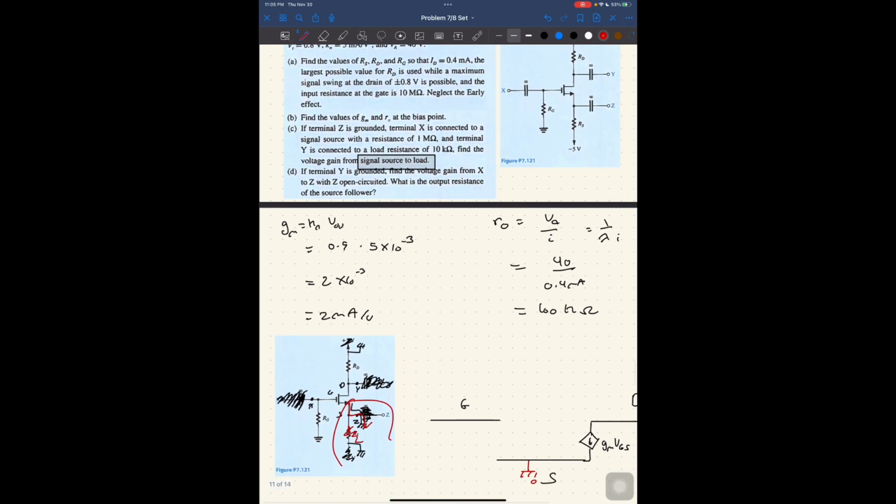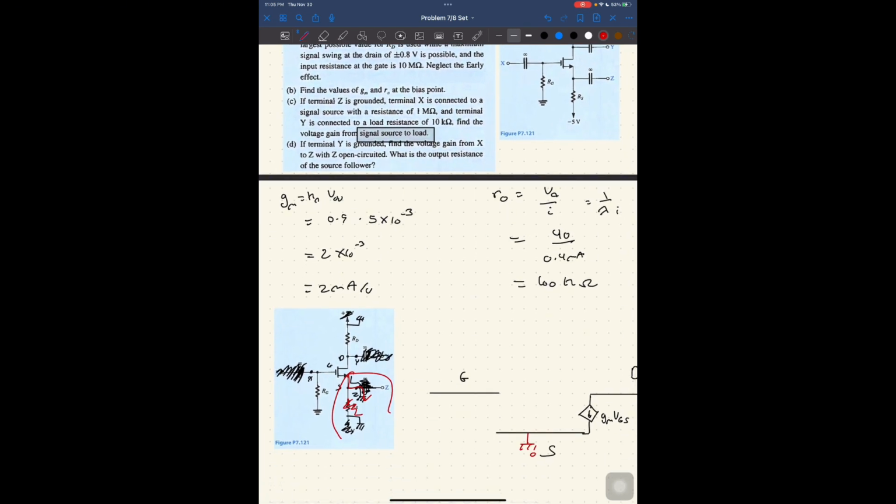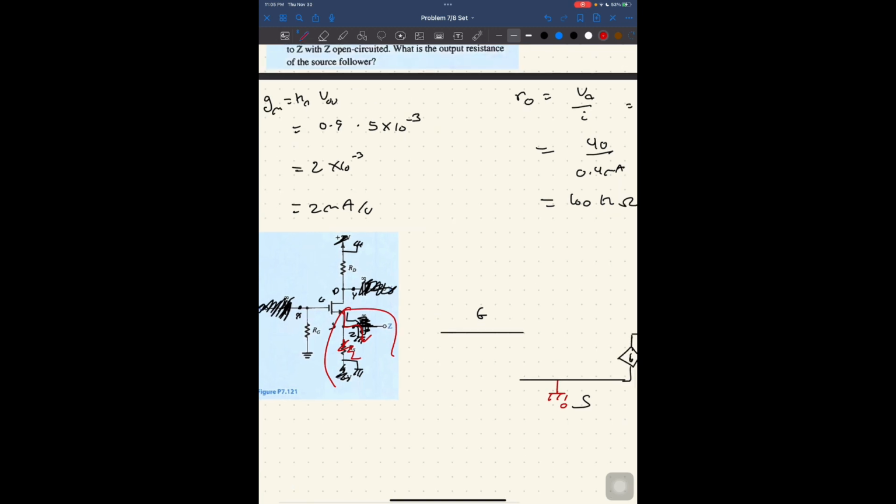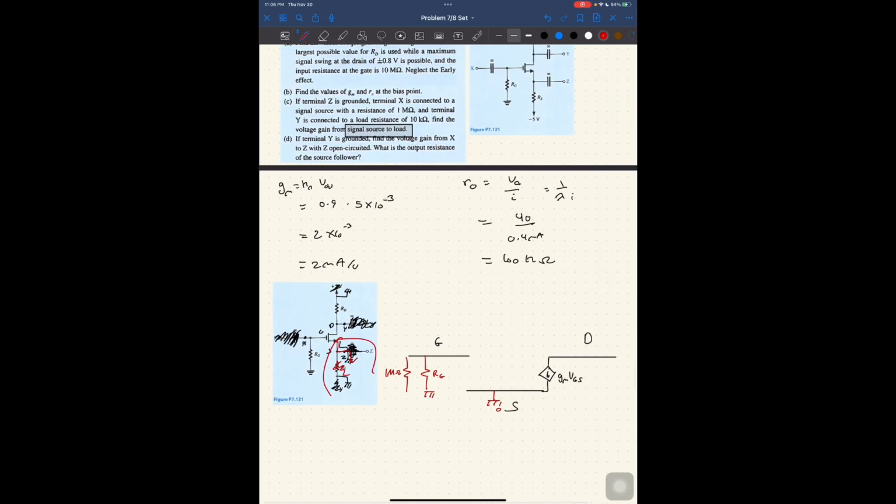And the other half says that terminal X is connected to a signal source with resistance of 1 mega ohm. So the G has two things, really. The G has RG, and it has a 1 mega ohm resistor.